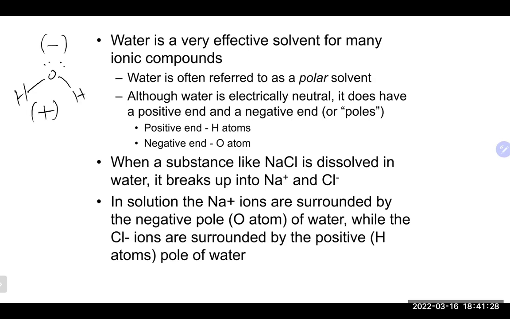And that works really well when you take something like sodium chloride, which has a sodium ion that's positively charged. So what happens is opposites attract. The positive charge of the sodium and the negative side of water are attracted to each other. So the water starts to surround all of the sodium ions in solution with its oxygen side, which is negative.